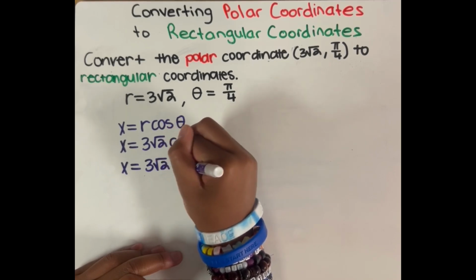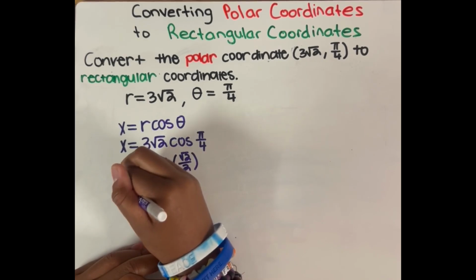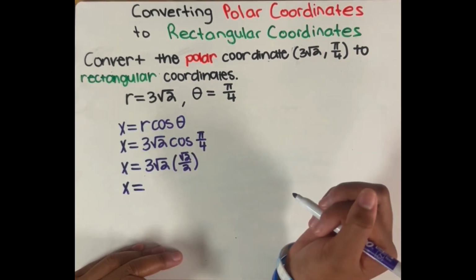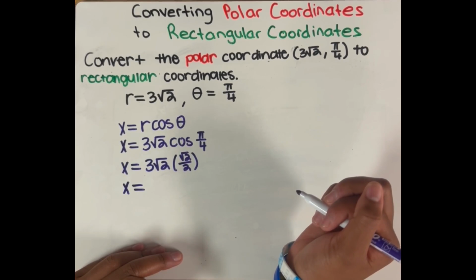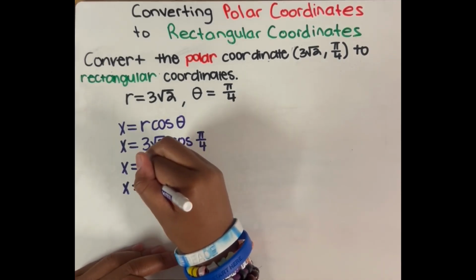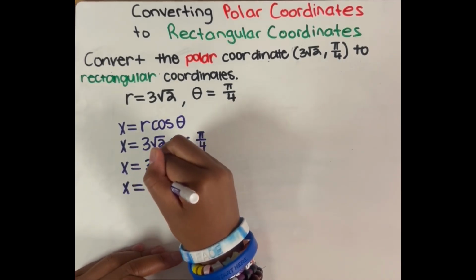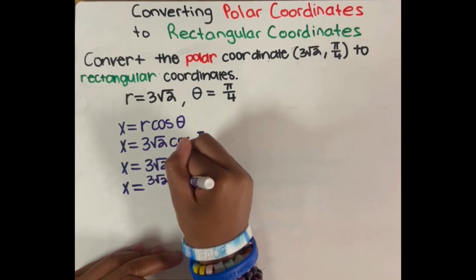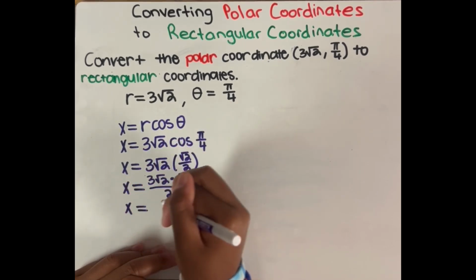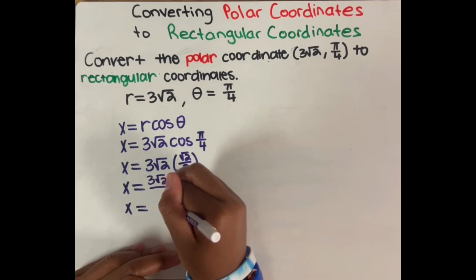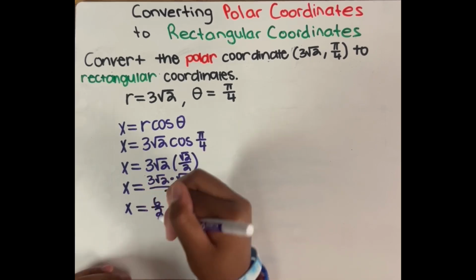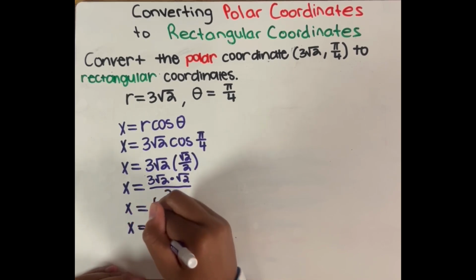So now we have 3 root 2 times root 2 over 2, and we're going to simplify that. 3 times root 2 times root 2 is 6. So now we have 6 over 2, and 6 over 2 equals 3. So now our x-coordinate is 3.